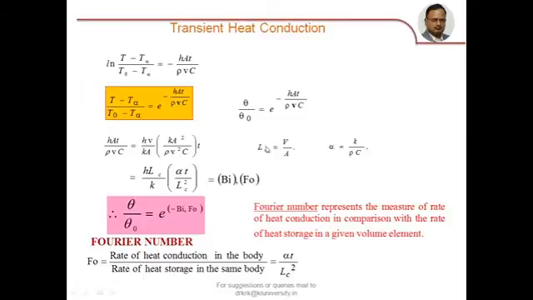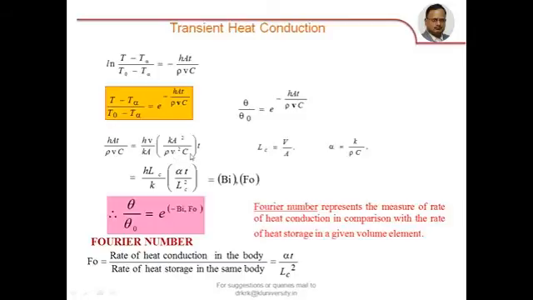And we know the characteristic length LC is volume by surface area. So one volume by surface area becomes LC. So it becomes hLC by k, and this hLC by k is known as Biot number. It is the ratio of internal resistance offered to that of external resistance.